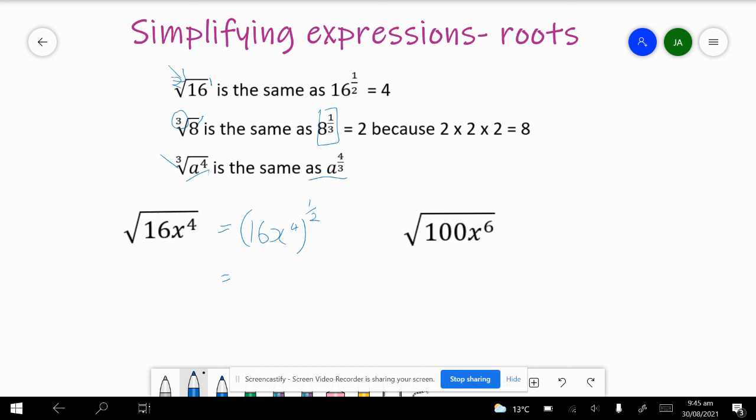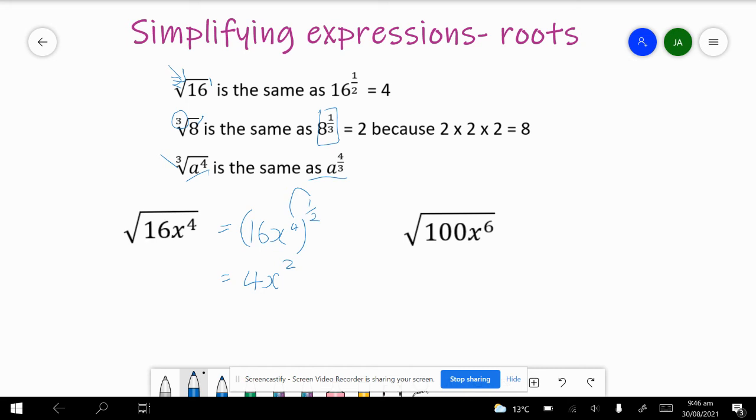You can see that from the top line. Now, knowing what we know from when we're doing powers of powers, remember we can just multiply 4 times a half to work out what the power of x will be. And 4 times a half is 2, and you can see that that will be x to the power of 2. It just finds half of the power underneath.